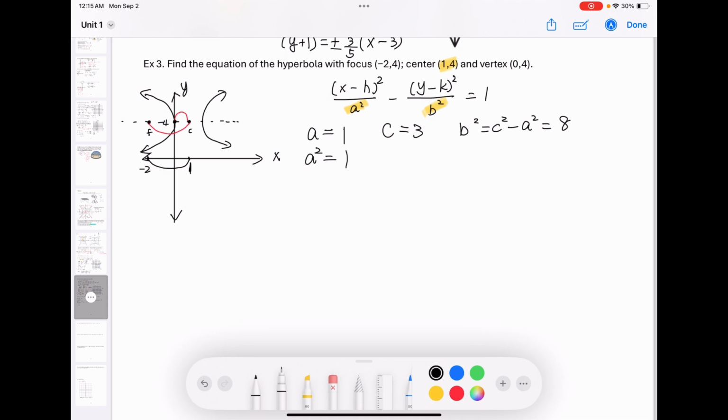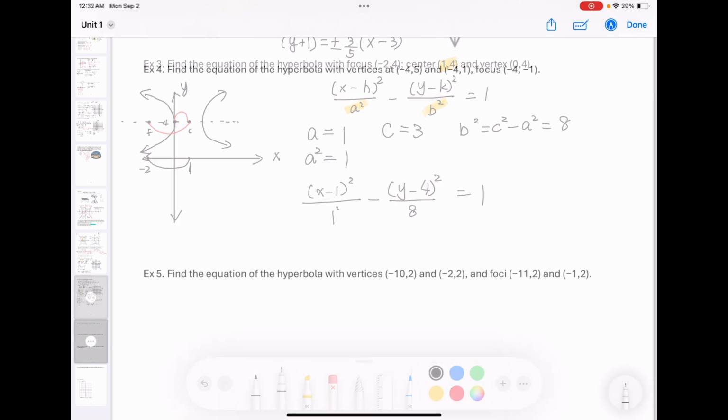So we put it in. So x minus 1 squared over a squared, which is 1, or 1 squared, and minus y minus 4 squared, all divided by b squared, which is 8, is equal to 1. Okay, we're done. Let's move on to see the next example.